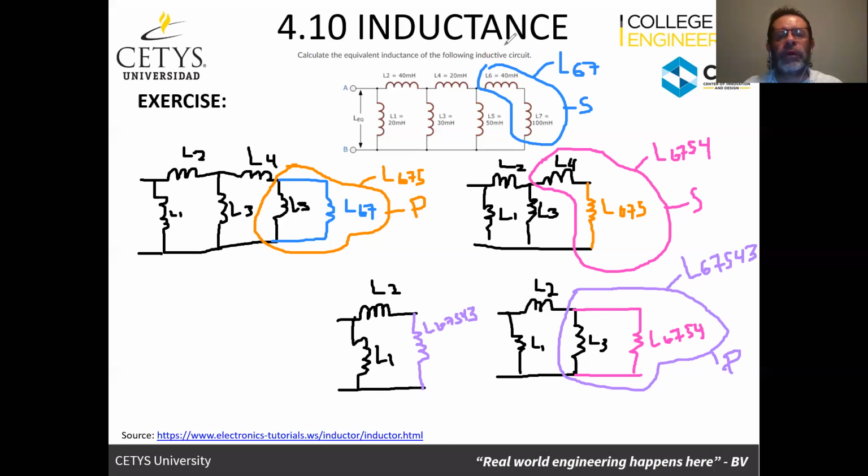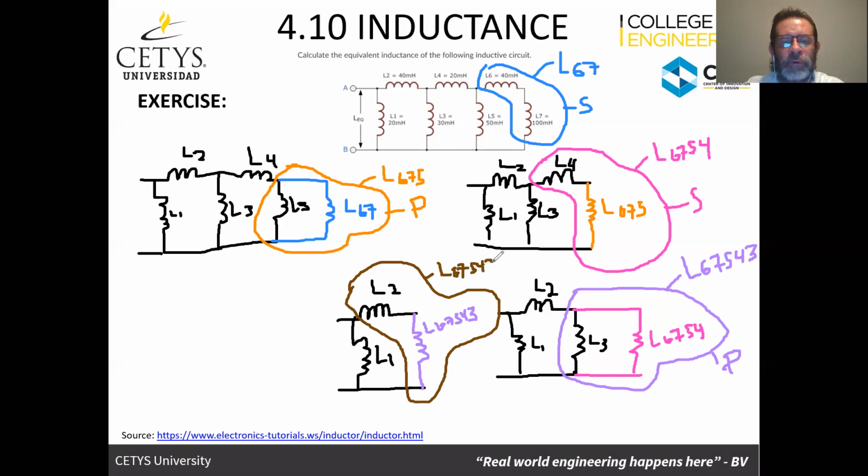We're almost done here. Let me use another tone of green. Now let me use another, which one could we use? Let me use another brown here. These two would be called L6, 7, 5, 4, 3, 2, and this would be in series.